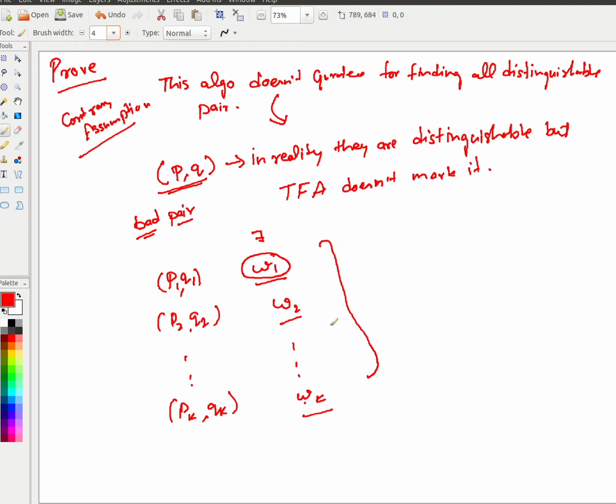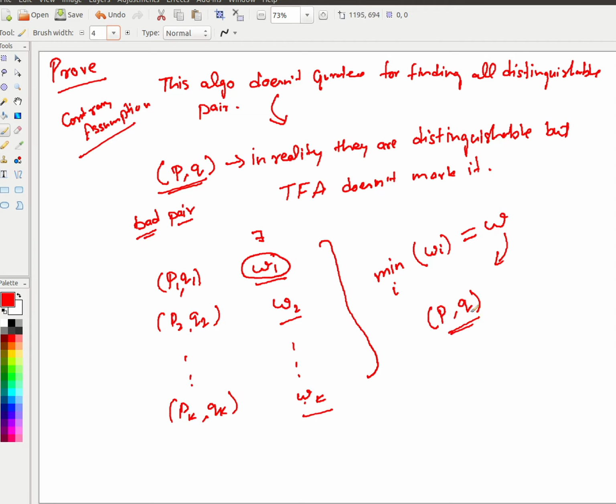Out of all W1 to WK, you pick the minimum of Wi over all i. Let's say that it is W, and the corresponding tuple is P and Q.